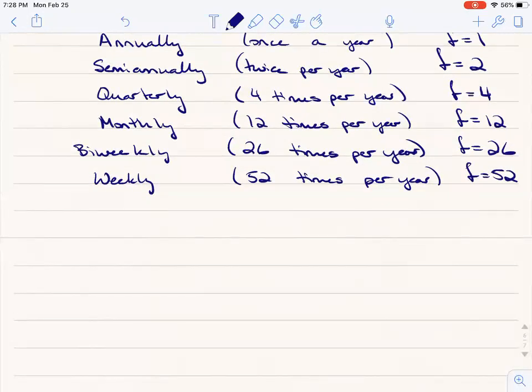And so for this course, we assume that a year has 52 weeks, 26 bi-weeklies, 12 months, and 365 days. That's what we assume in this course. So daily is 365 times per year, so your F would be 365.